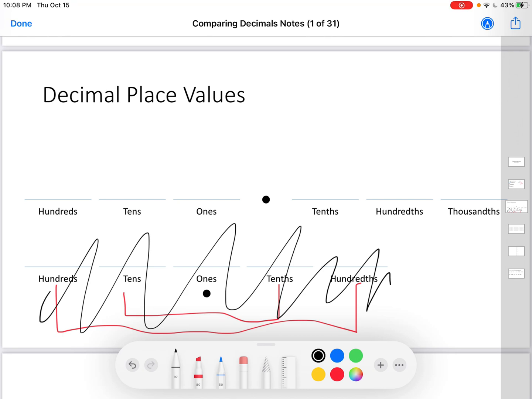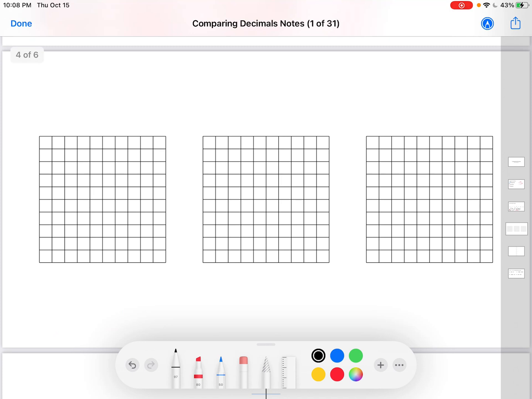But what does that mean? Well, here are what I call 10 by 10 grids. Every grid here is 10 this way and 10 this way. And 10 times 10 is 100. So these are 10 by 10 grids. If I wanted to do a number like 0.2, that would be 2 tenths.